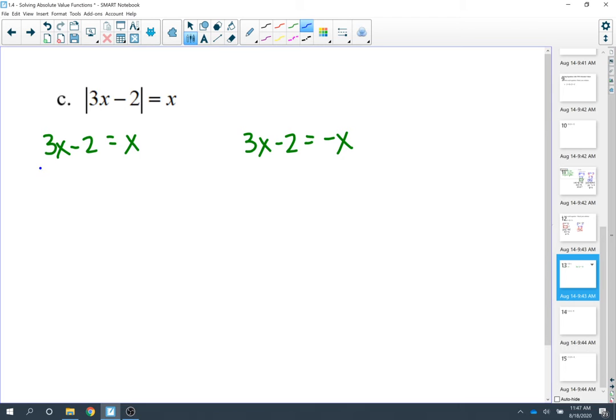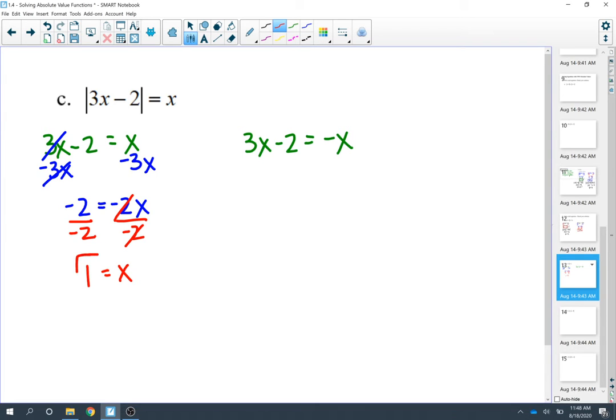I'm going to move the variables to the right. So subtract 3x. That's going to leave us with a negative 2 equals negative 2x. Then we're going to divide by negative 2. So x equals negative divided by a negative is a positive, which is going to give me positive 1.